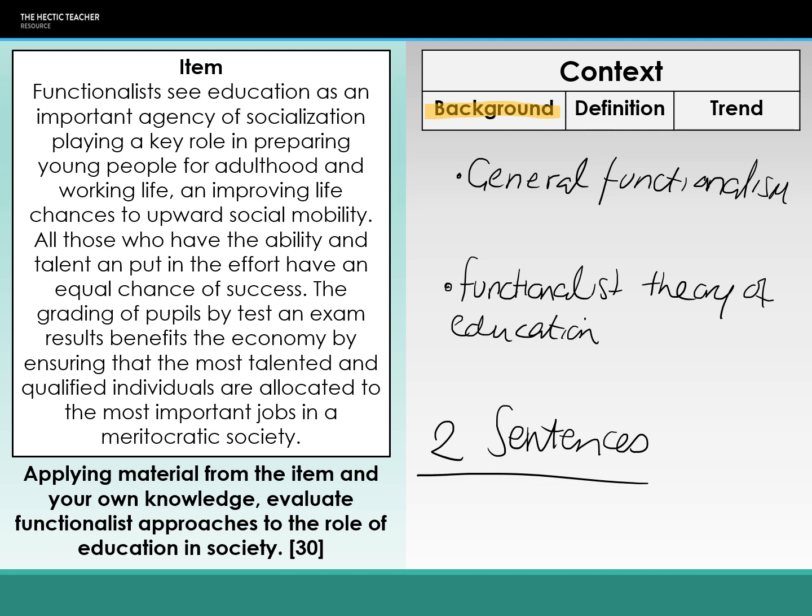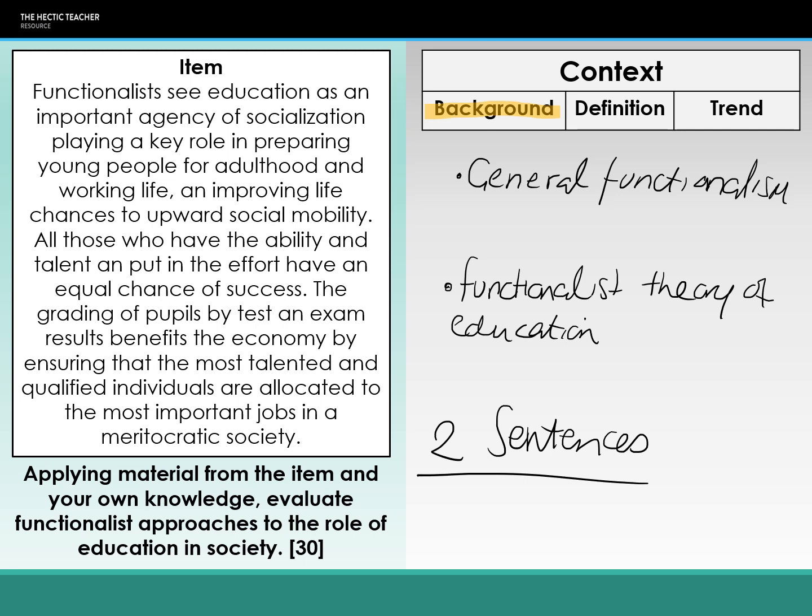We're just showing the examiner I know what functionalism is and I know what they think about education. Okay, so you don't need to go into all the different types of role that education plays in society. You don't need to mention thinkers or anything like that. Just along the lines of the type of theory functionalism is and how that applies to education.